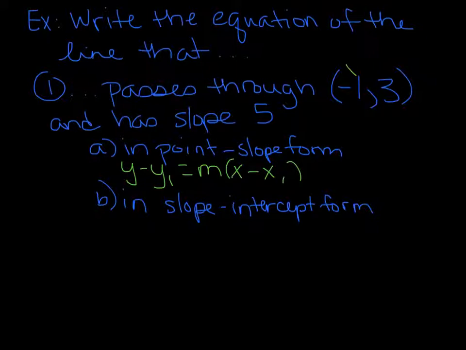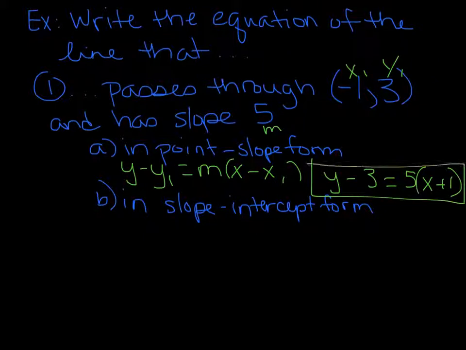In this case, we have x1 is -1, y1 is 3, our slope m is 5. We are just going to write this as y minus 3 equals 5 times x. Since we have minus x1, and x1 is negative, it's going to become plus 1, and that is my answer in point-slope form. That one's nice and easy.